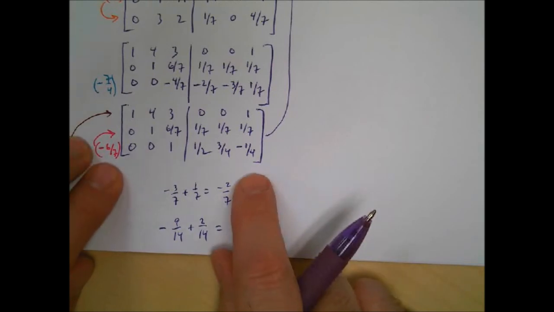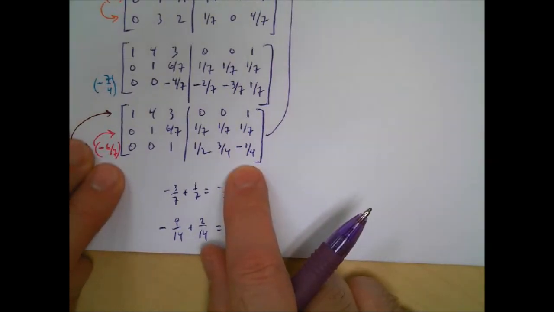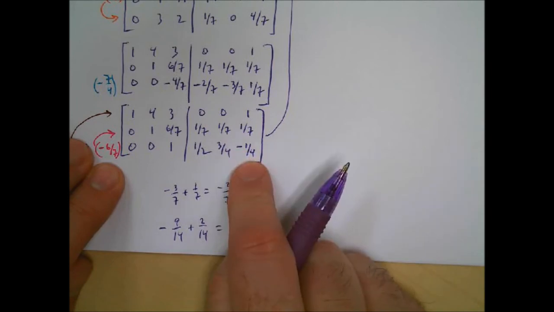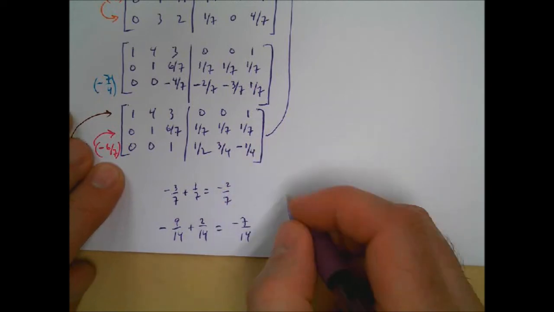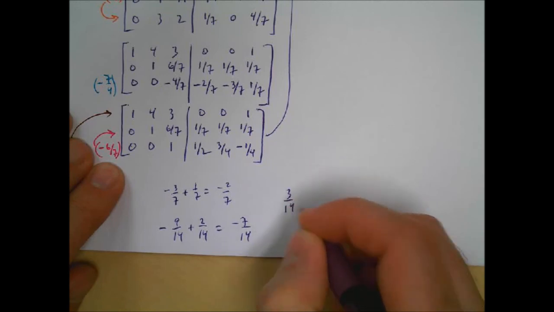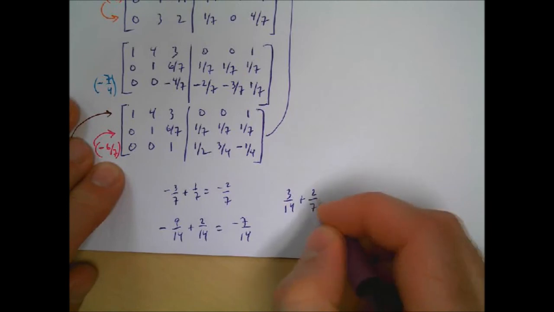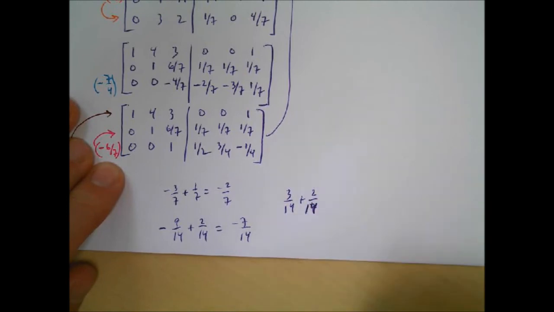Last one, negative 6 sevenths times negative 1 fourth, so it's positive, common factor of 2, so positive 3 fourteenths plus 1 seventh, so plus 2 fourteenths, sorry. 1 seventh is 2 fourteenths, so 5 fourteenths.